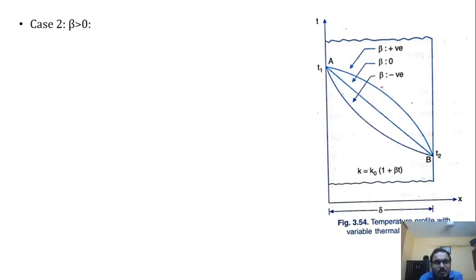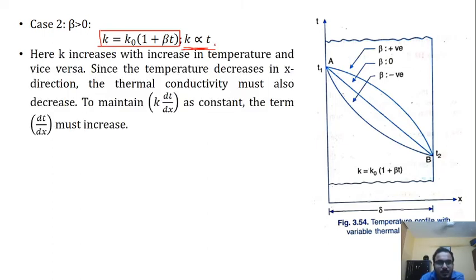Now our next condition is beta greater than 0. So suppose in this equation K is equal to K0 into (1 plus beta T), and beta is greater than 0. Then as temperature increases, K will also increase, so K is proportional to T. Here K increases with increase in temperature and vice versa.